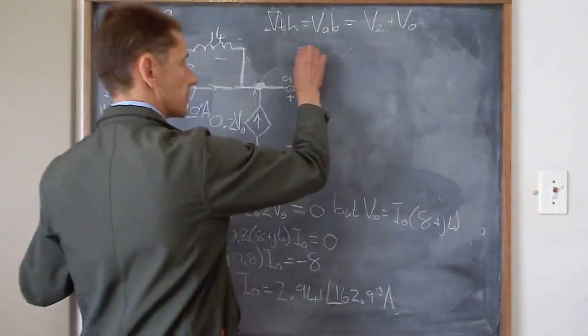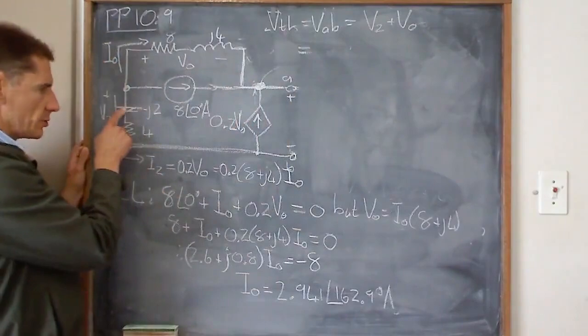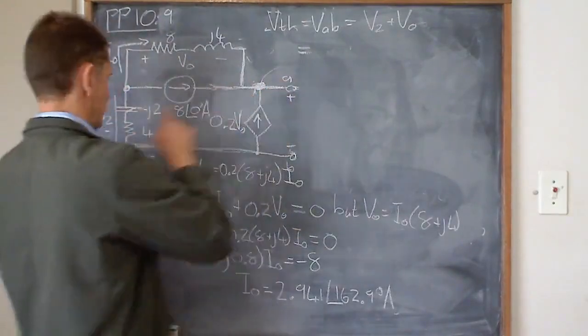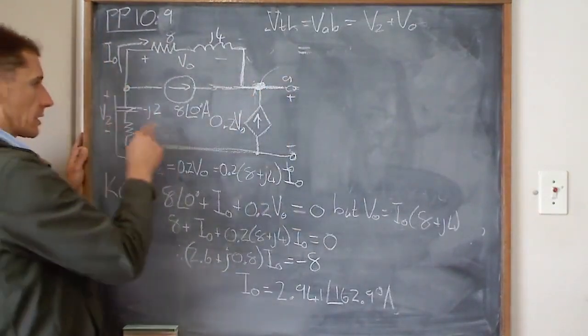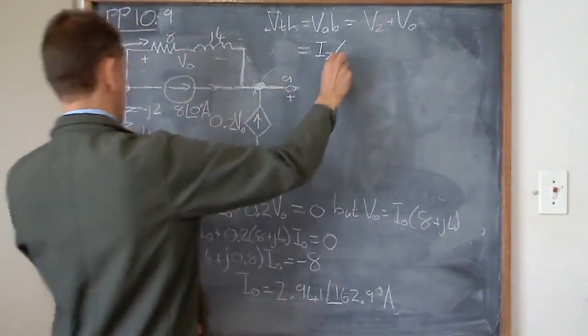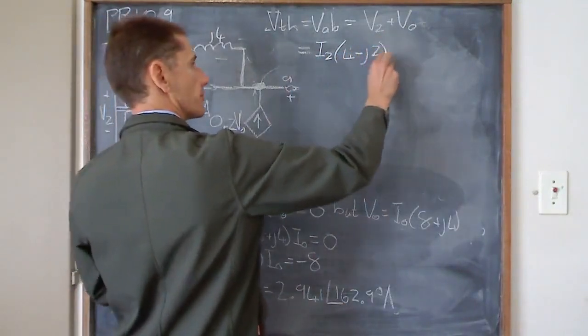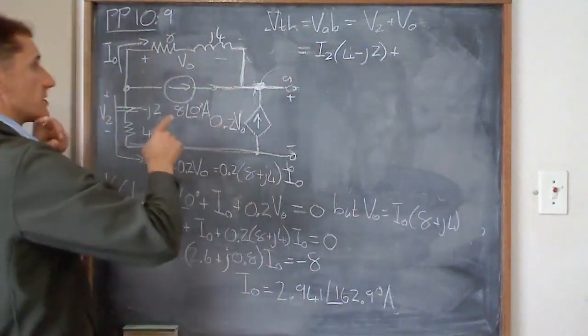Now back to this equation. So what is V2? V2 is I2 times 4 minus J2 plus what is V out?